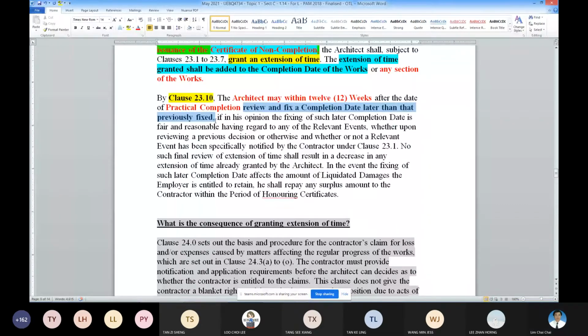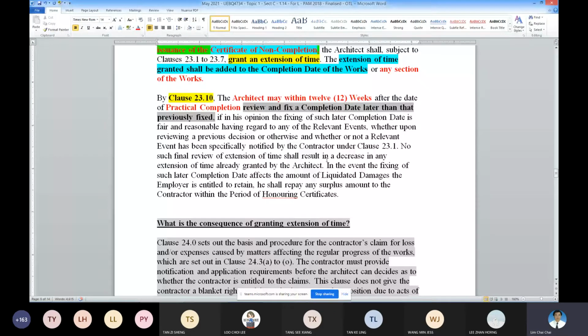So just to check, do you think the architect will do this on behalf of the contractor? The moment the architect uses 23(10), it means the architect is carrying out an independent evaluation of an extension of time that was earlier not looked into or not analyzed properly.